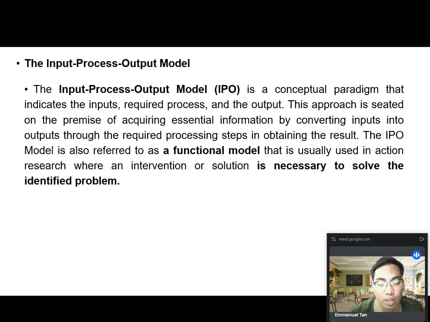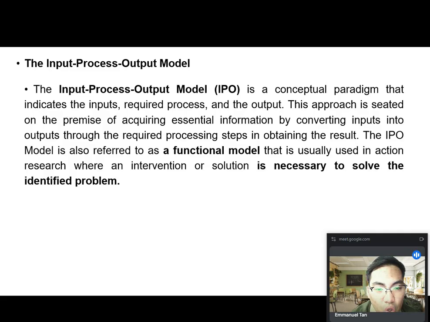Okay, pero when you're just starting to understand the process of your research or study, okay, pwede nyo namang i-apply itong model na ito, no? The input, process, and output. Tatlo lang po yan. There should be a rectangular box vertically for the input, and then a box for the process, and another box for the output.